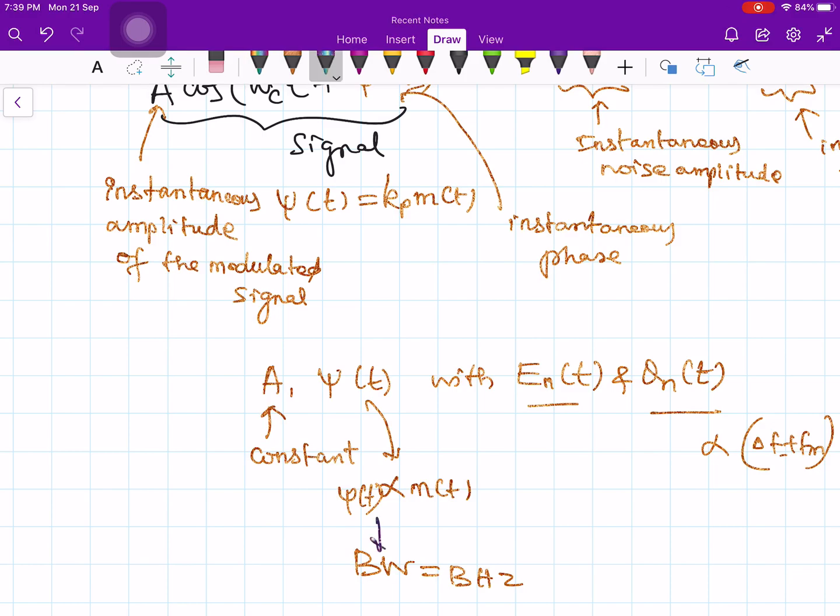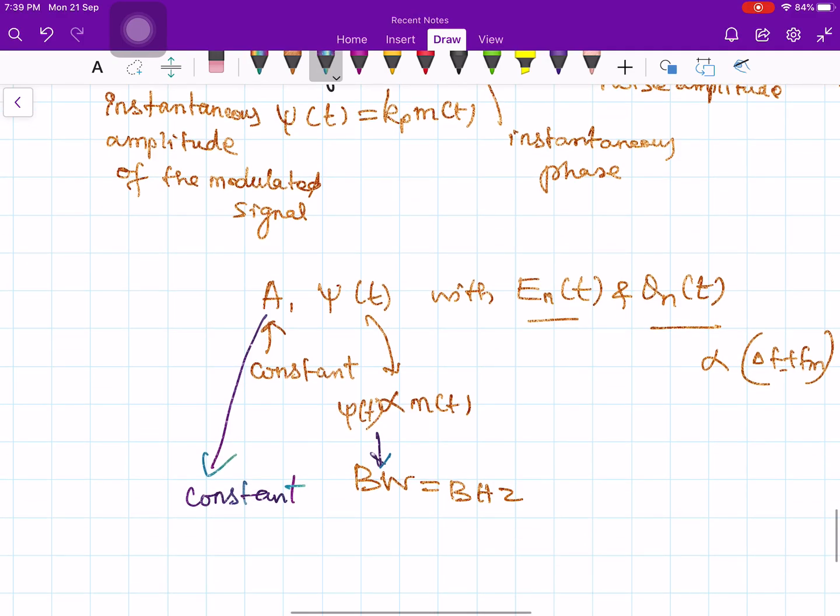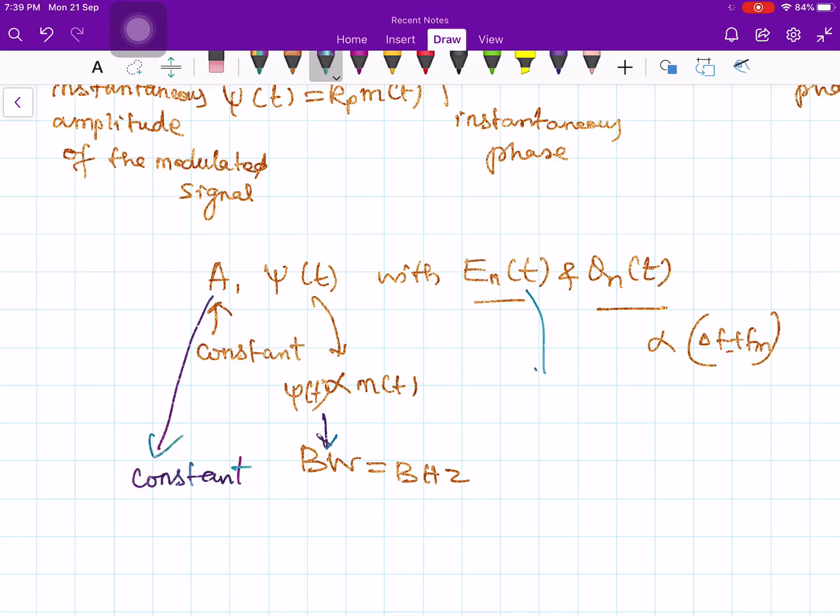And this A is a constant. Even if it is constant, no problem, I can make it constant. But here this En of t and theta n of t, both of them have very large bandwidth. That bandwidth is proportional to or equal to 2 times delta f plus fm. That means what? This is after all 15 kilohertz and this is 180 kilohertz.